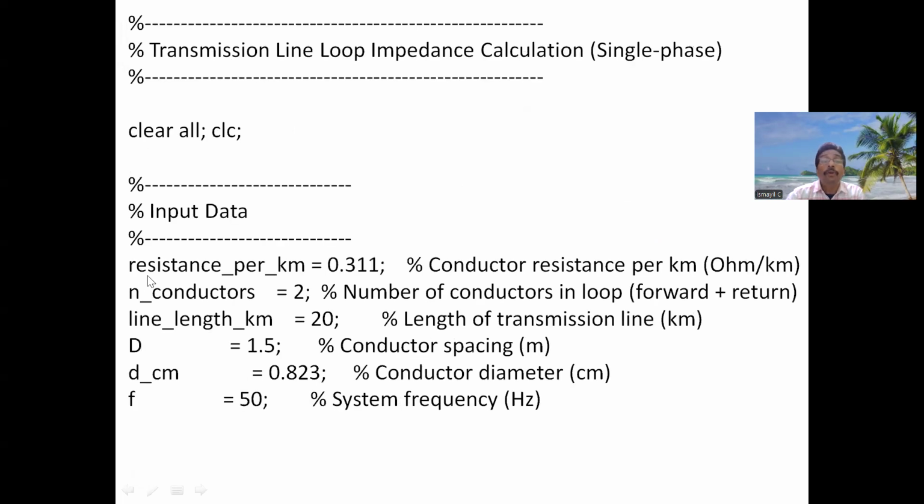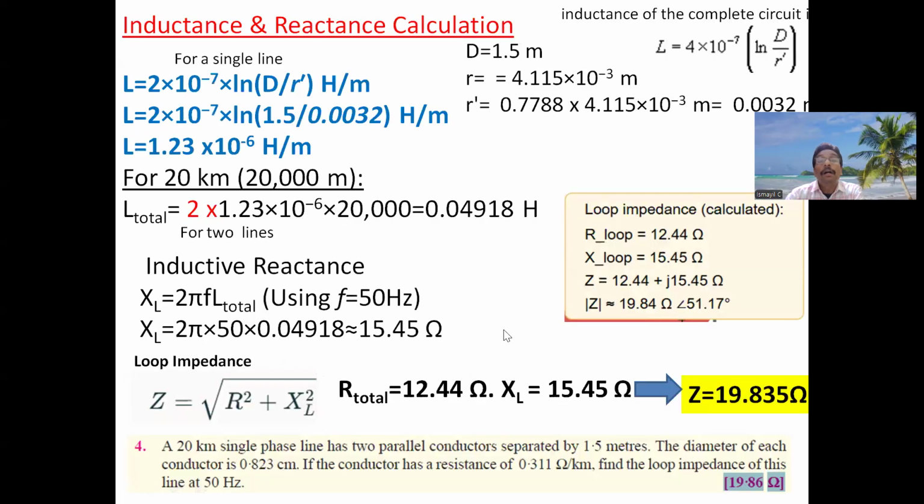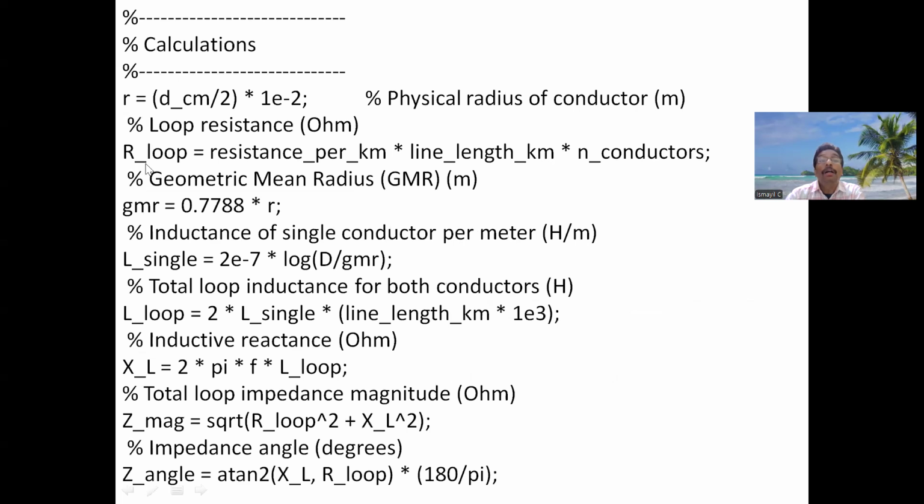So just multiplying these three quantities, you will get the loop resistance.